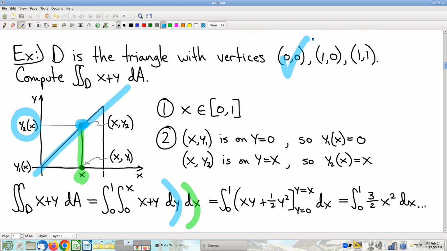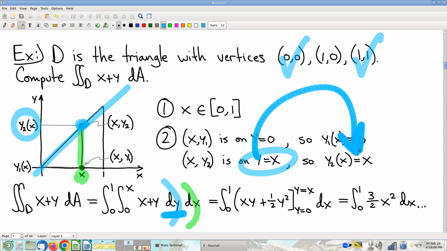That line goes through two of those points, and so I can do a little algebra, and there's the equation. Again, I'm looking for a y bound, so I need to solve for y in this equation. Again, lucky break, it's already solved for. Isn't that nice? And so that bound is x.